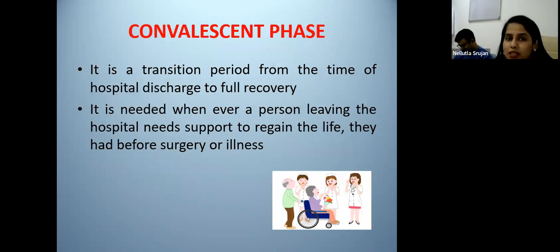Then comes the convalescent phase. This is the period of time where the patient gets discharged completely from the hospital and goes to the home setup. The patient should be stable enough to meet all the criteria before being discharged to the home setting.